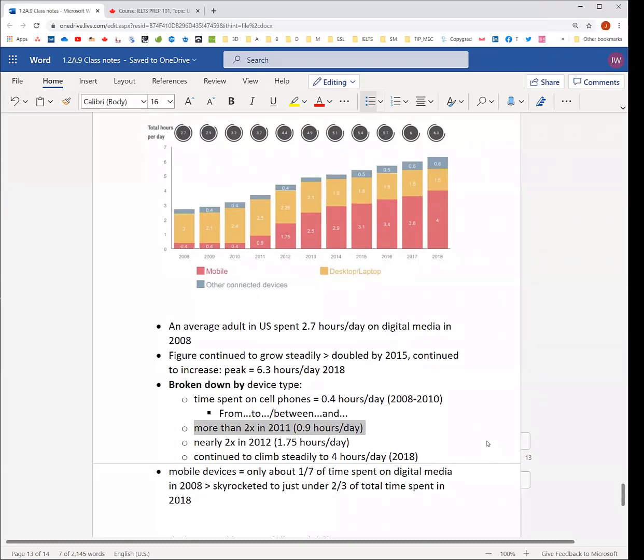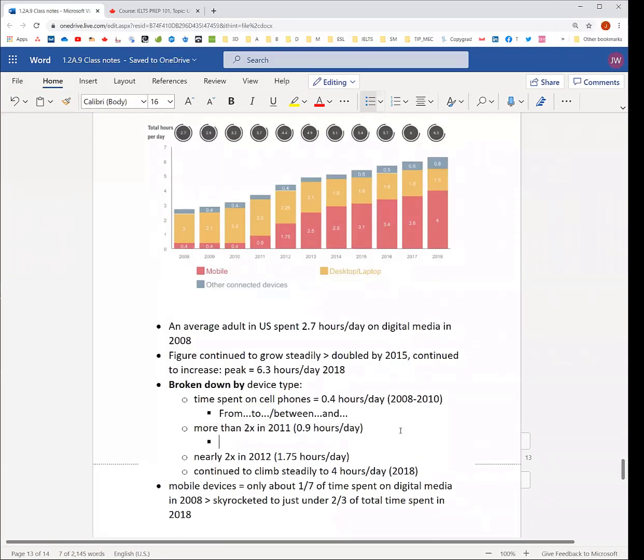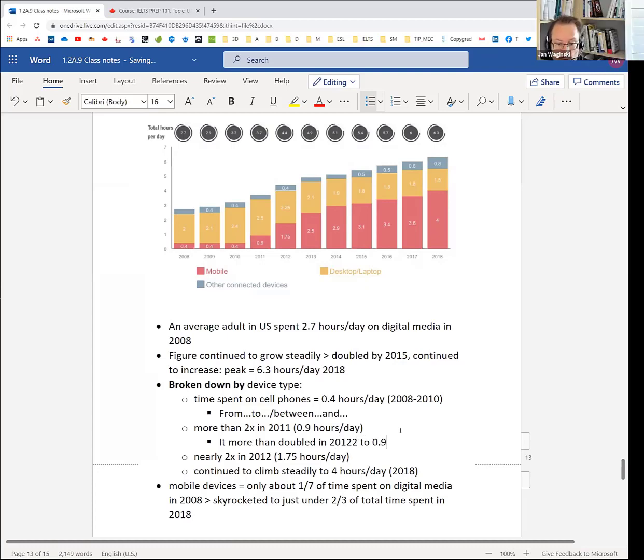It got doubled. It more than doubled in 2011 at 0.9 hours per day. Okay, be careful. It more than doubled in 2011. So you would say it doubled to.